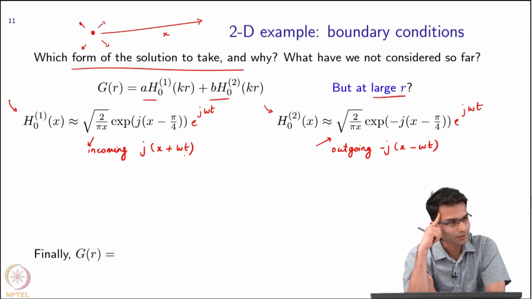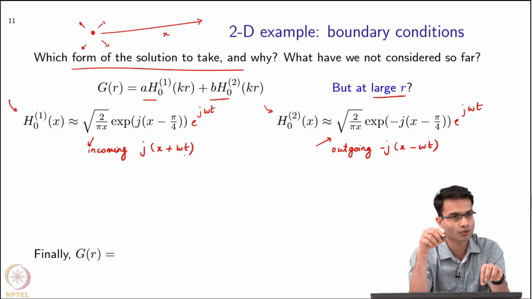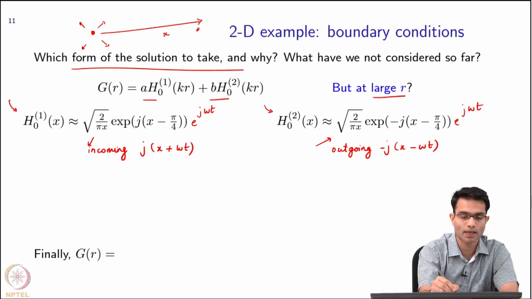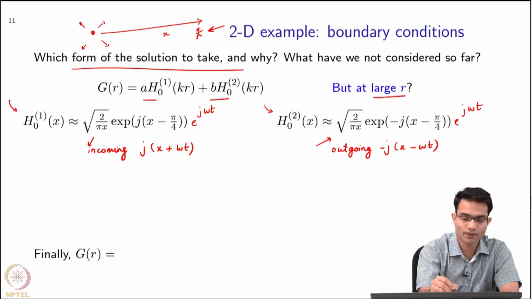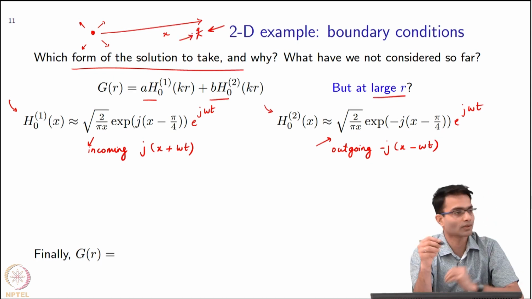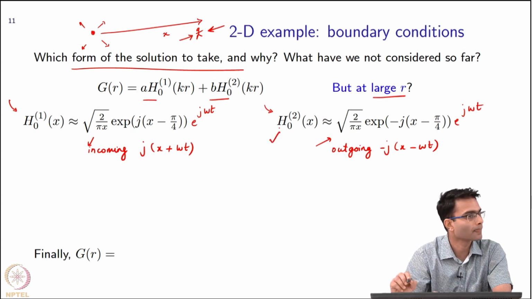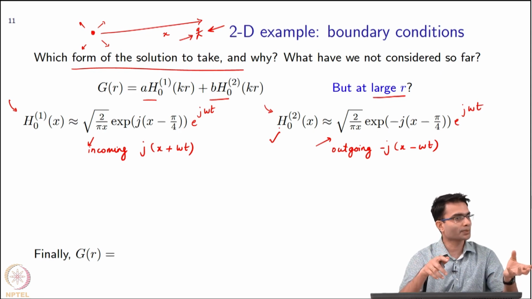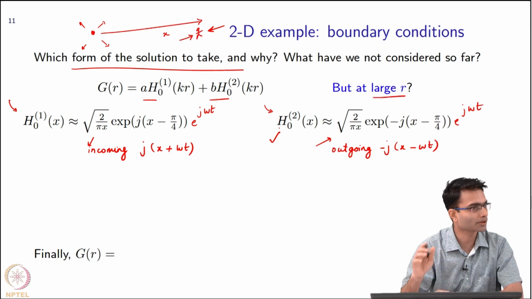So, for that reason, because my impulse is at the origin, if I am going to large x over here, this observer can't possibly observe an incoming wave like this. This fellow can only observe a wave that is outgoing from the origin, which is matched only by this one, okay. So, here is a good juxtaposition of some physical intuition and mathematical formalism.